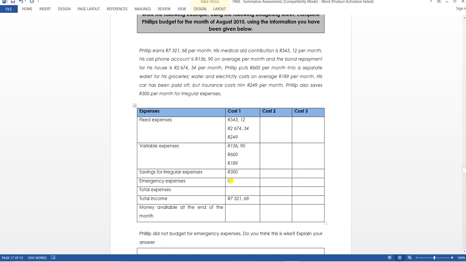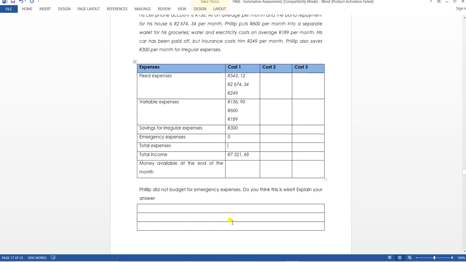He doesn't have emergency expenses, that is 0. So you'll have to calculate everything from cost 1 to get the total expense, and subtract this from the money that he earns per month, which will give you the money available at the end of the month.